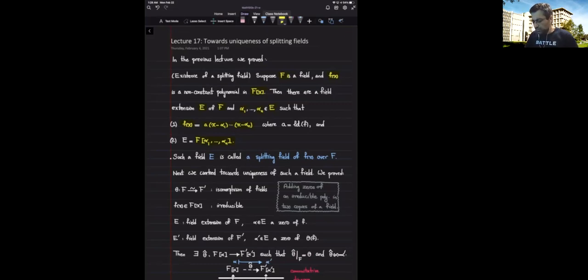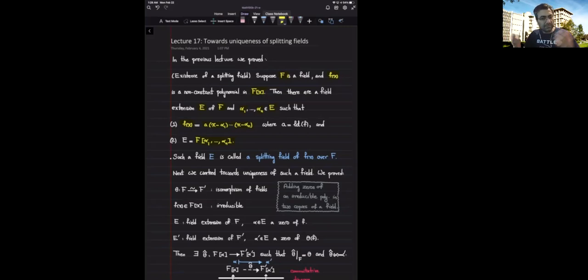And we showed a certain statement, meaning starting with an irreducible element, what happens after we add a zero. And we said, okay, let's start with 2 copies of a single field F, and I give you an irreducible polynomial, and I add a zero of the polynomial in the first copy, and a zero of the same polynomial but in the next copy.